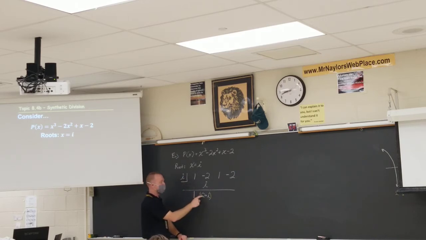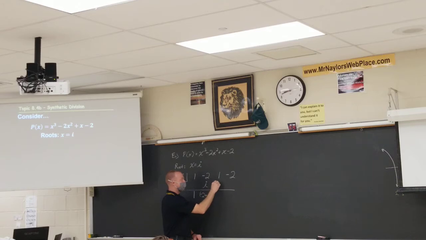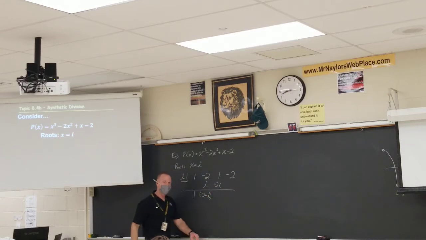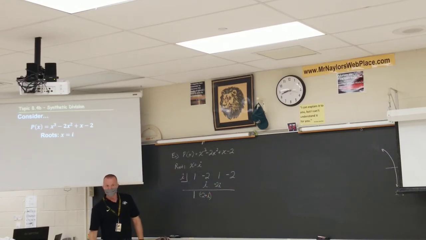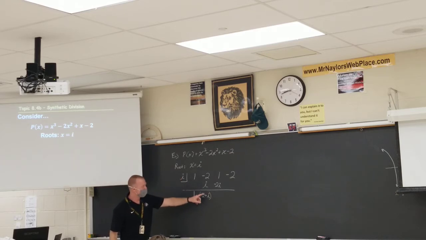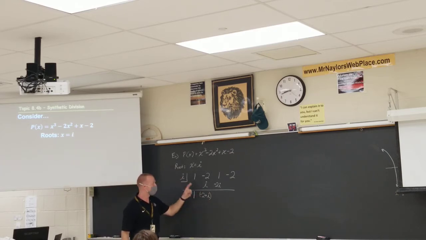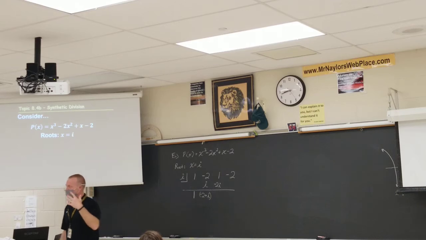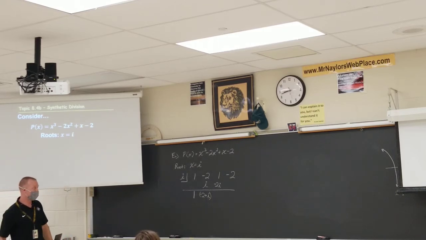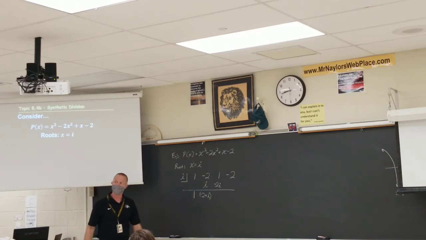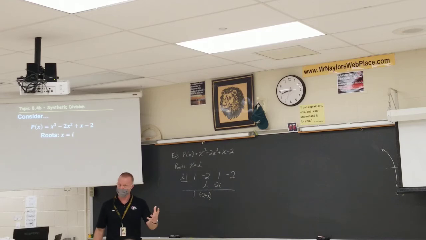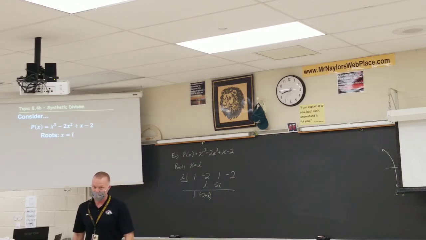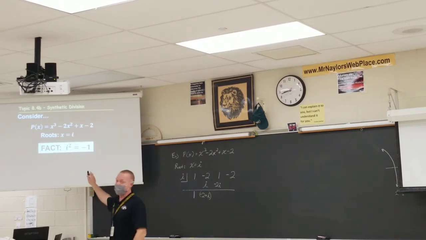Now, i times -2 is -2i. That's kind of easy. I can just write that. Ready? i times i. It should kind of catch your attention mathematically, because i times i is i squared. And i squared is something, right? It's -1.